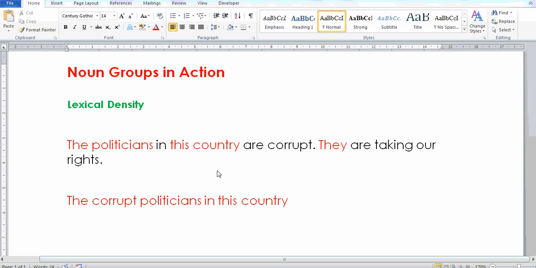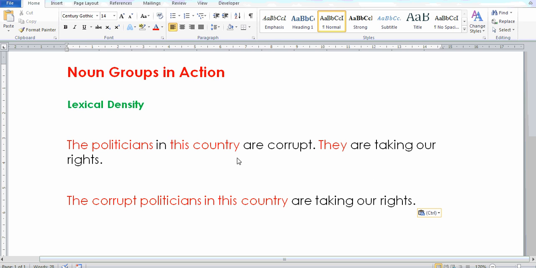Now that I've done that, I can skip this full stop and move on to what the next piece of information is, which is the fact that they are taking our rights. Well, I don't need to say they, because I've already said the corrupt politicians in this country, so I'm just going to copy this last section and put it on the end. And that's it. It's a simple process.